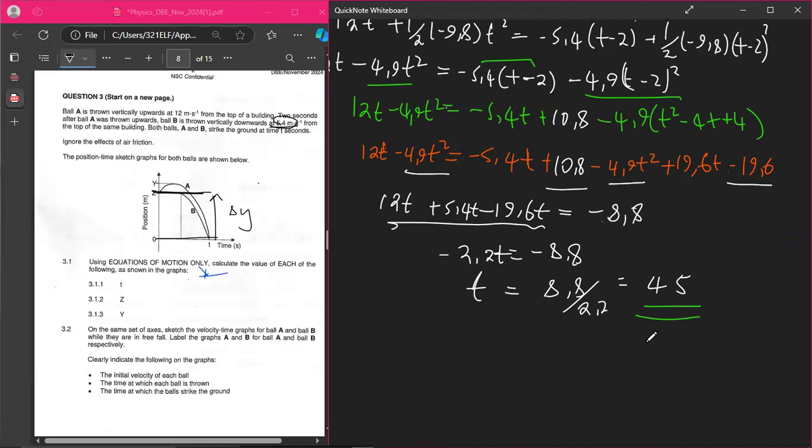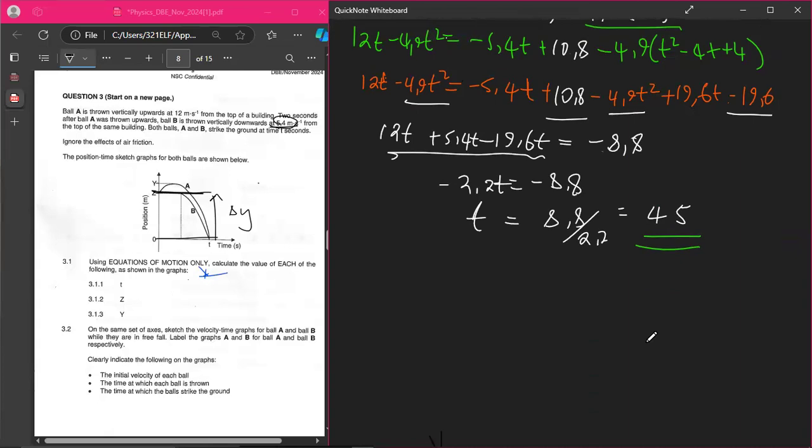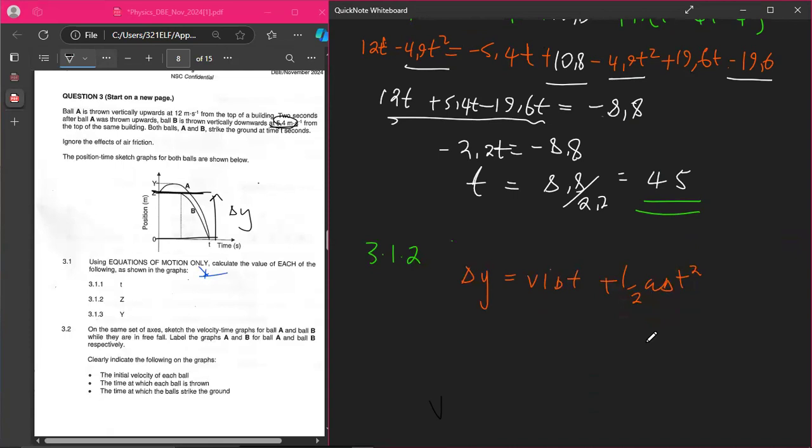Next one up, I'm trying to now calculate Z. What is Z? 3.1.2. Z is the height of the building, so it means I can use any one of the equations that are deduced above. So I know delta y is going to be vi delta t plus 1 over 2 a delta t squared. And then I'm going to use the one for a to calculate that z.